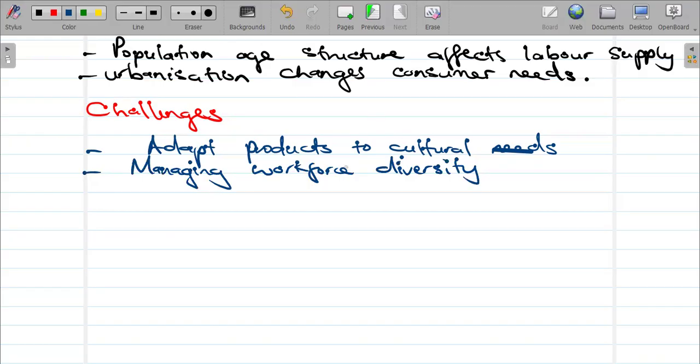Whereby there will be different cultures in the same organization. Right. Let's move on to see business decisions regarding these challenges.